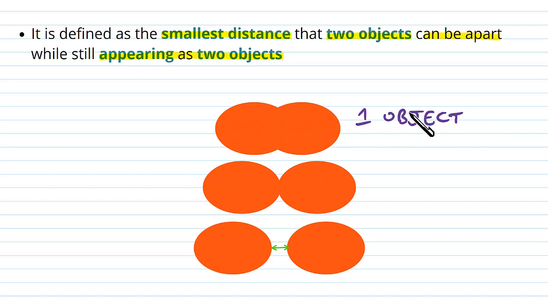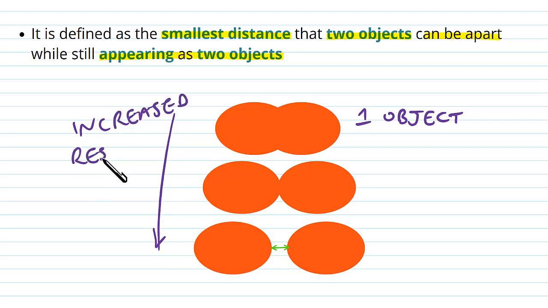The resolution isn't that great because in real life they're two separate things, but we see them as one combined object. If we increase the resolution, by getting a more powerful microscope, the objects become clearer in being two separate objects, as they really are in real life.